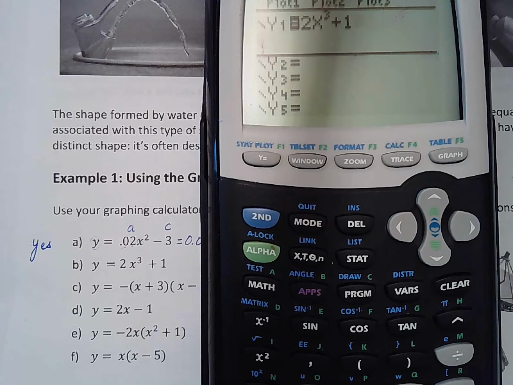Okay, does that look like a parabola to us? No, it's not a parabola. Maybe cube. Let me see.